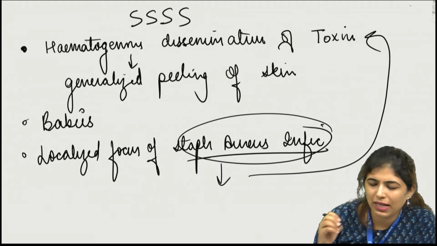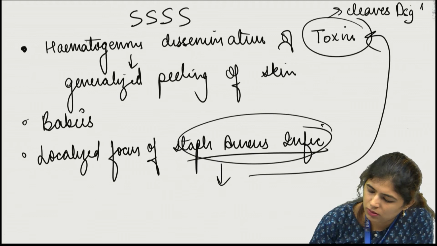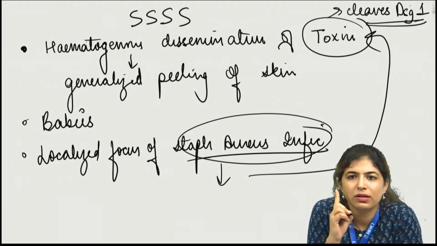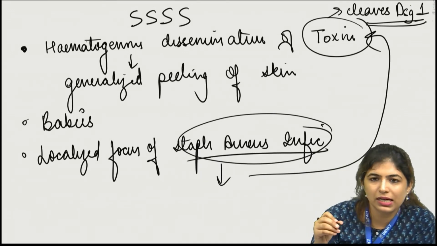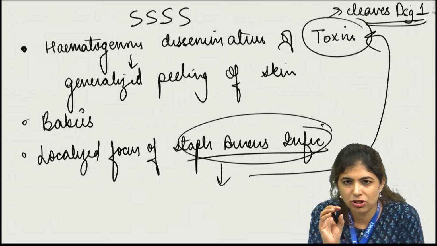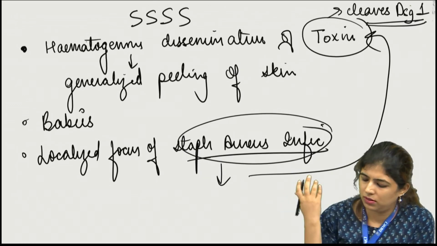You have to know the mechanism of action of toxin. This cleaves desmoglein 1. Where is this seen? Pemphigus foliaceus, leading to cleft in the skin, separation of the cell layer, leading to peeling of skin.